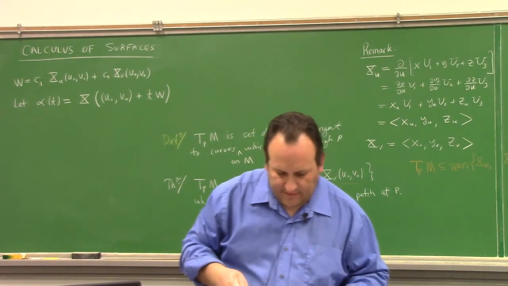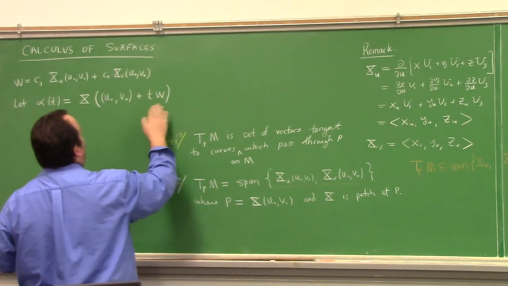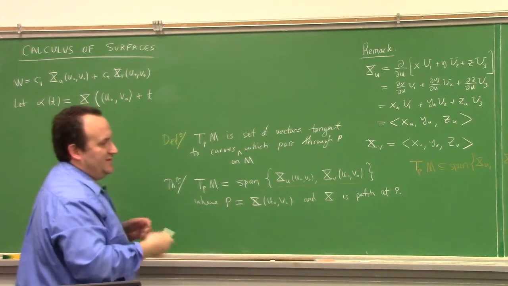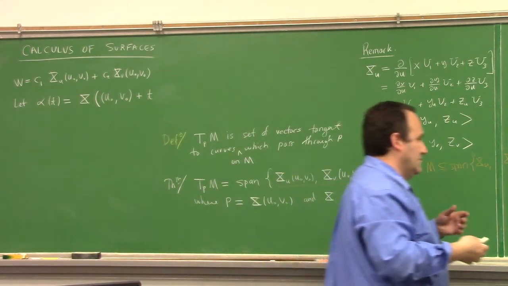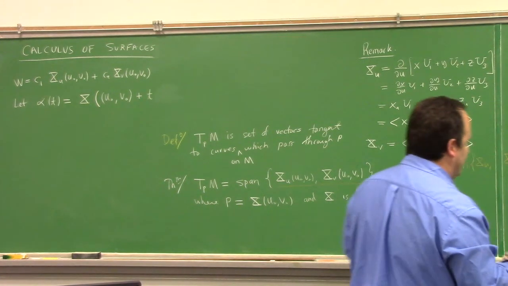Oh, I'm an idiot. That's not what I do. It shouldn't be W itself that I use. It should be t times what? What did this calculation reveal? That we pick up dA1/dt times dA2/dt.